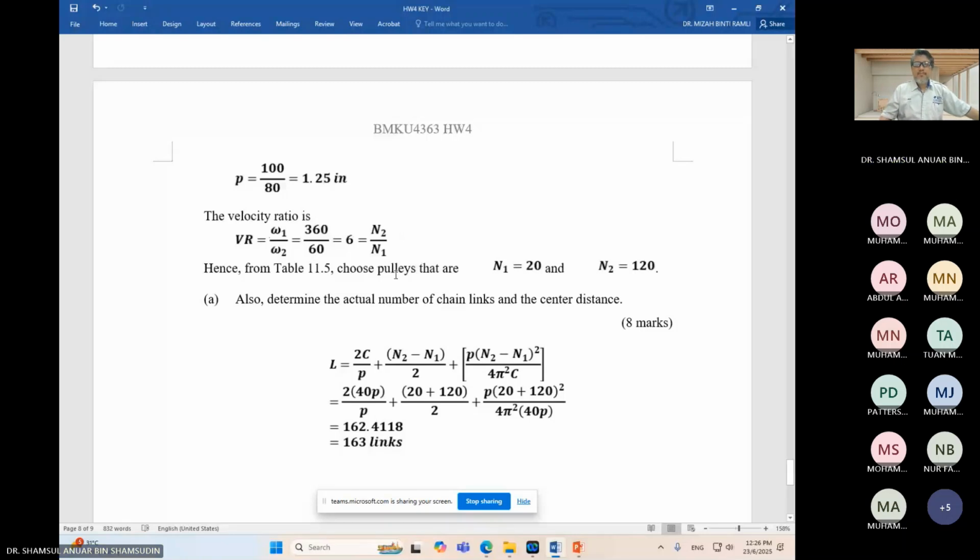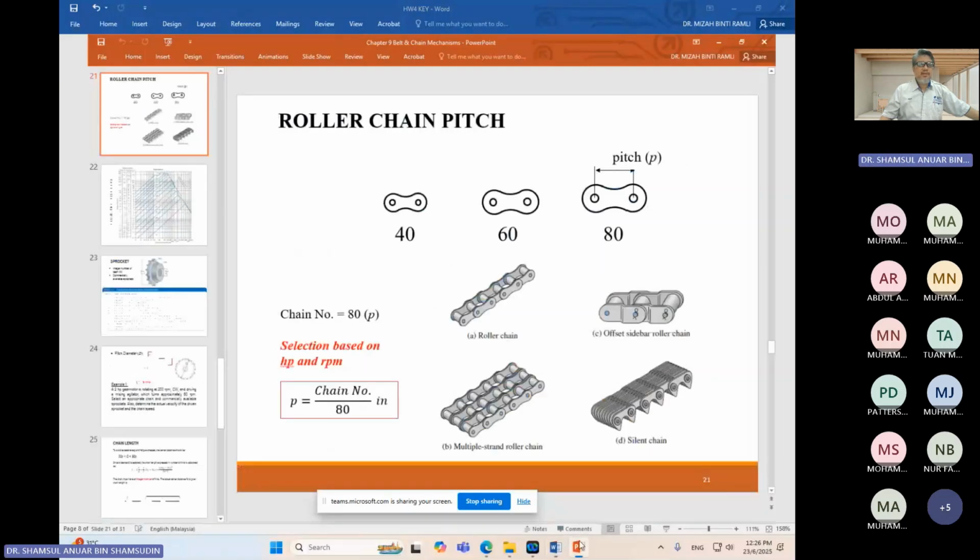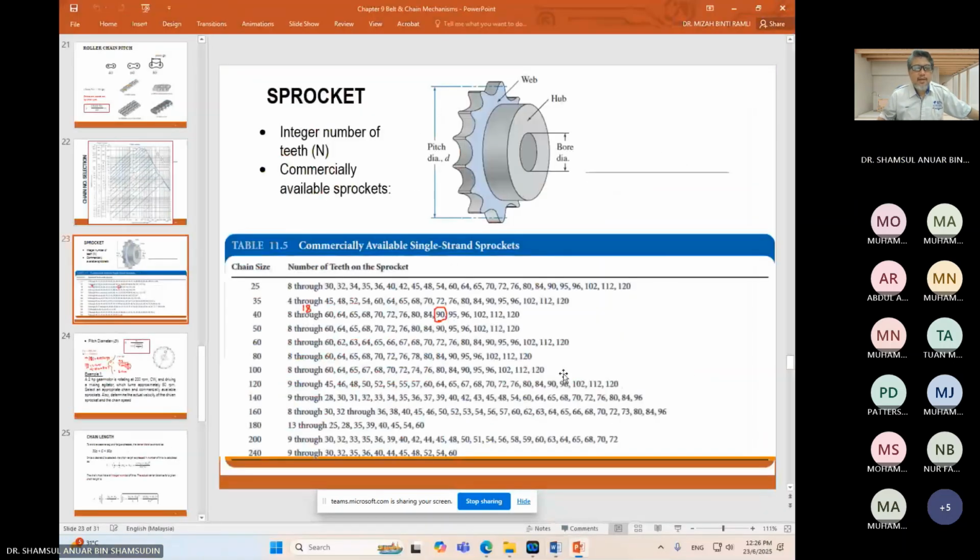From a certain table, you can find 120 divided by 20. You have to go here and maybe here. So 120 is here, 20 is somewhere within here. So you can get 6.